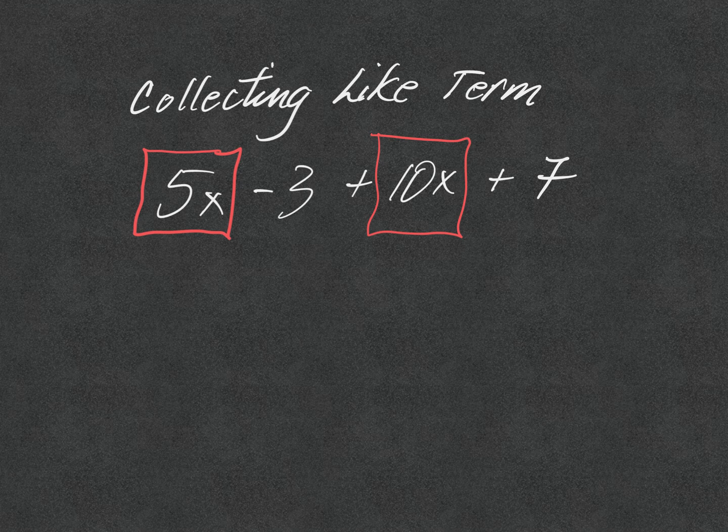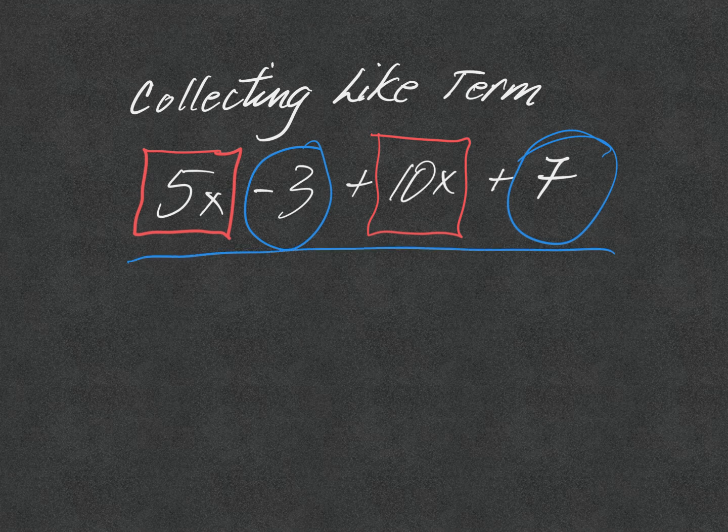I also notice that the negative 3 and the 7 are like terms because they're both constants. They both don't have a variable. So those are like terms. So the very first step on these problems is to ask yourself, what are the like terms?